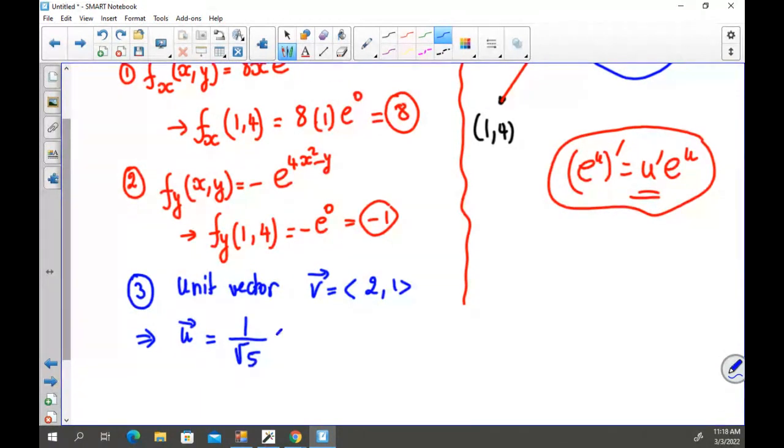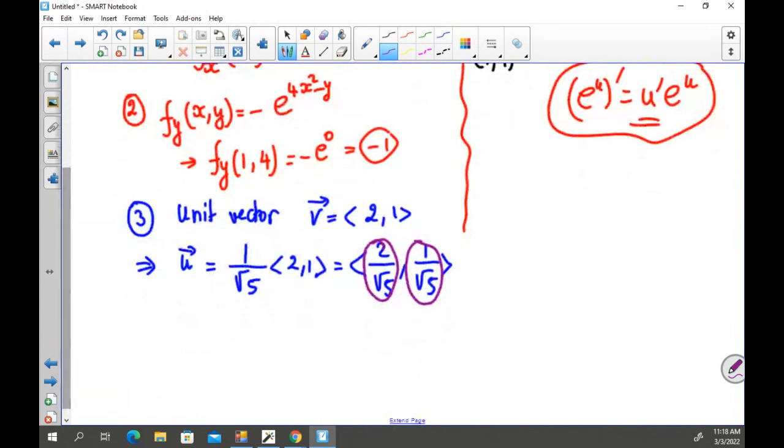Very good. Times (2, 1). So it's going to be (2 over square root of 5, 1 over square root of 5).